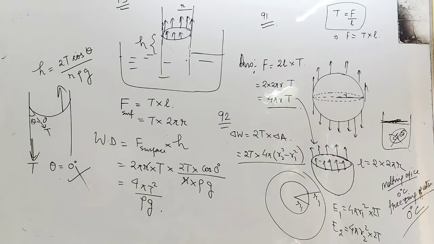Formula number 6, the shape of liquid meniscus. In the diagram, column number 2, for water the meniscus is concave, and for silver it is different.